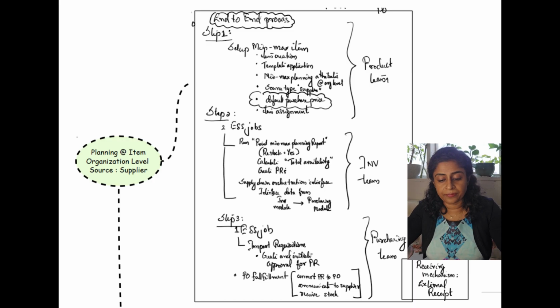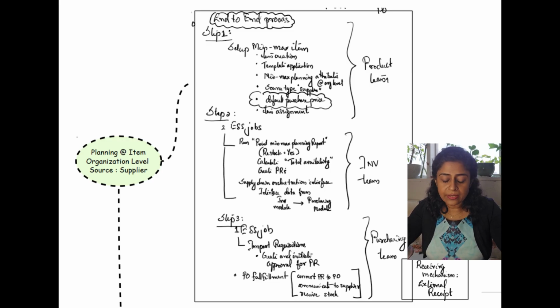Next, the inventory team takes over, and their role is to maintain the stock levels and trigger the replenishment when the availability falls below the minimum level. A business user from the inventory team runs the print min-max planning report with Restock Yes, and this program calculates the order quantity using the formula maximum order quantity minus the total availability.